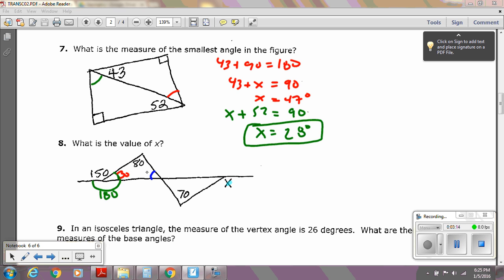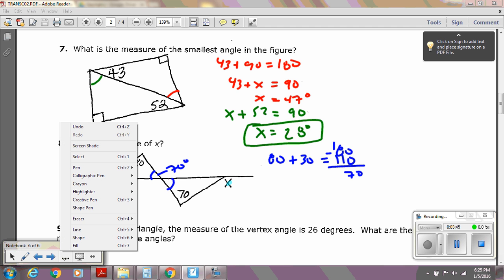I could find that angle by taking 80 and 30, combining it to get 110, and then take 110 from 180, and that would give me 70. So my blue angle right here is 70 degrees, and it forms a vertical pair with this one down here that is in this second triangle below.